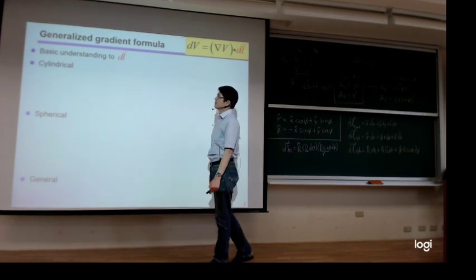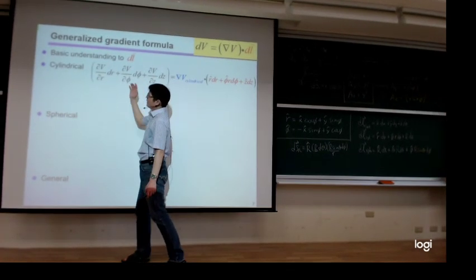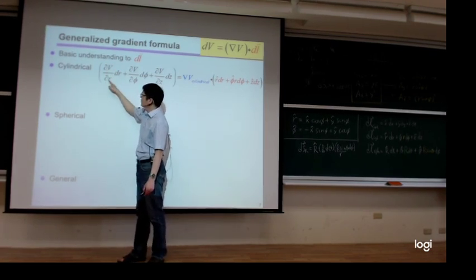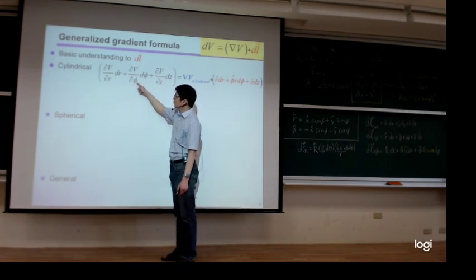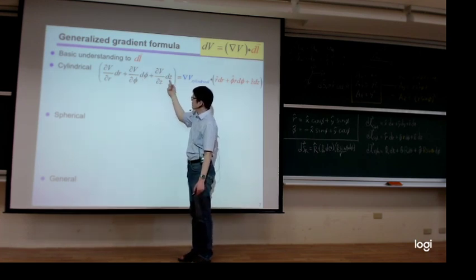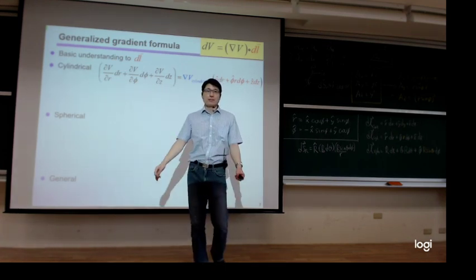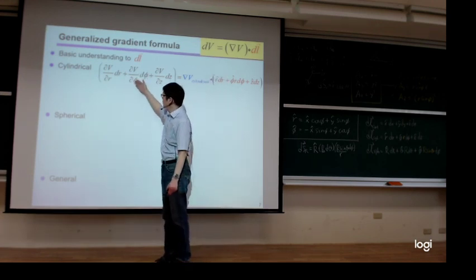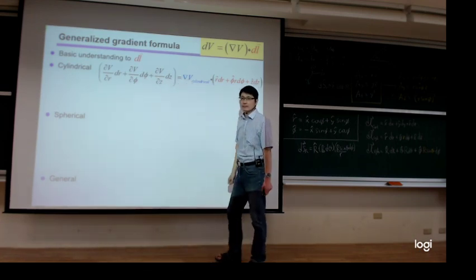Okay. Cylindrical coordinate, I can just write down dv in cylindrical coordinate: it is nothing more than the partial differentiation in the r direction multiplied by dr, and the partial differentiation in the phi direction times d phi, and the partial differentiation in the z direction times dz. So these are straightforward. You don't have to remember anything, right? The change is just the partial differentiation multiplied by the differential change in that unit vector direction.